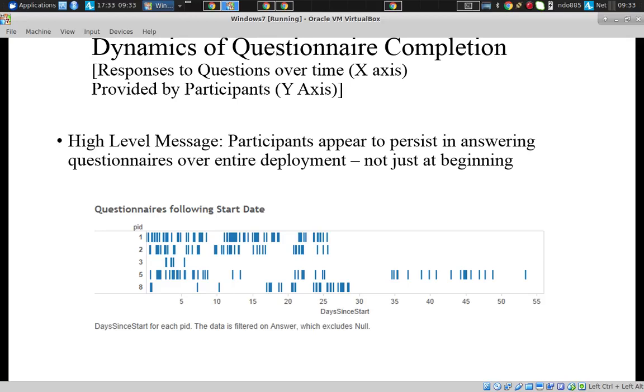And what you see is, this is when they answered a particular survey, the vertical bar here. There's not a lot of obvious pattern of initial involvement and then sharp drop off. People seem to go through episodic bursts where they will contribute for a while and then maybe their life gets busy for a week.